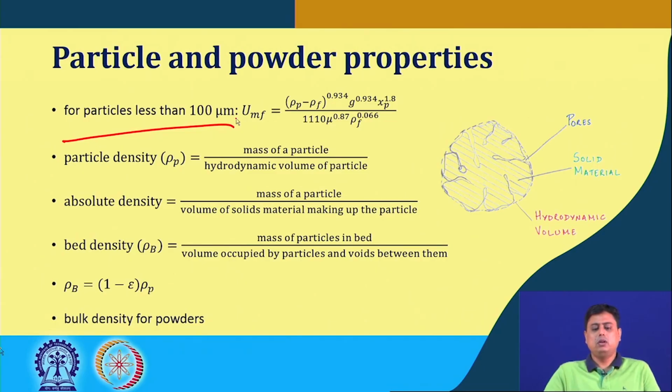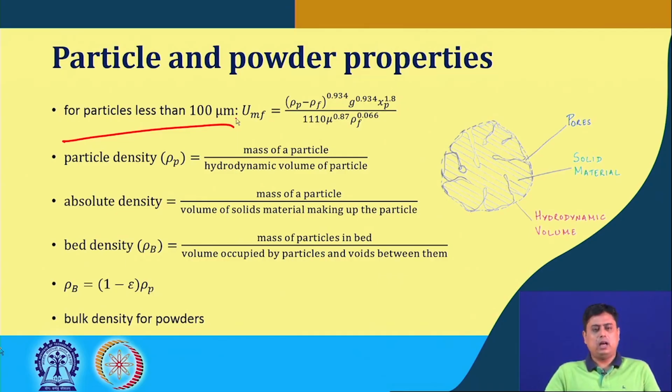Because fluidization has been our area of research for several decades, there is sufficient information on the minimum fluidization velocity for any kind, shape, or size of particles. Whenever required, we should choose the appropriate one for our design purpose.